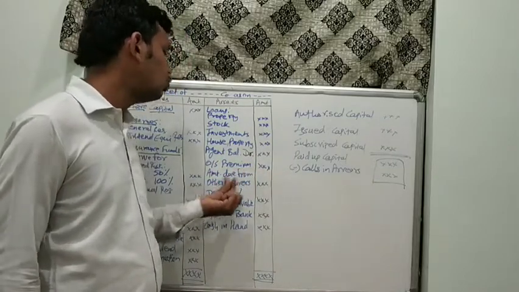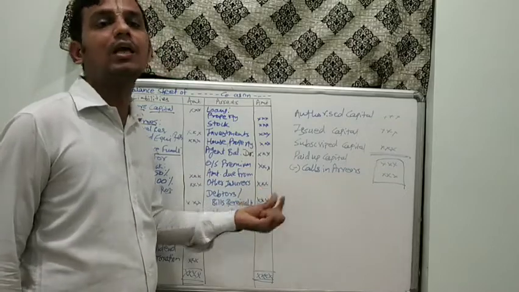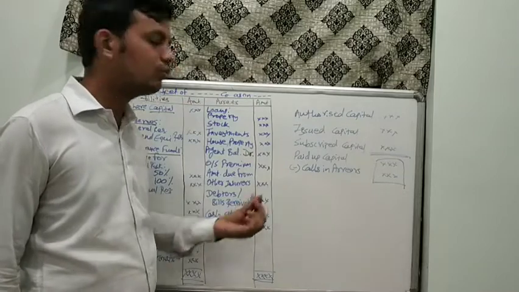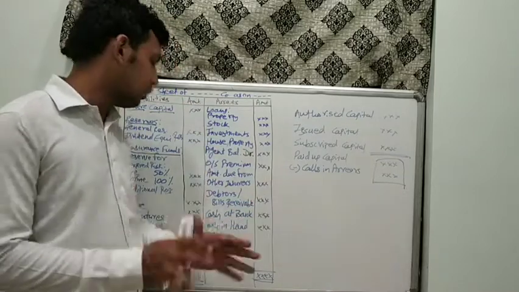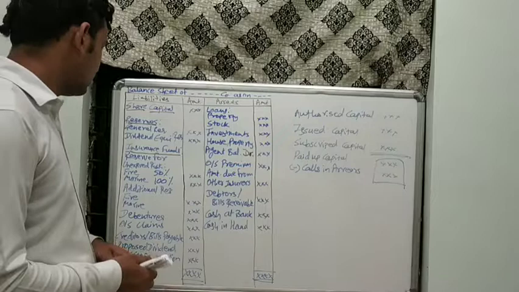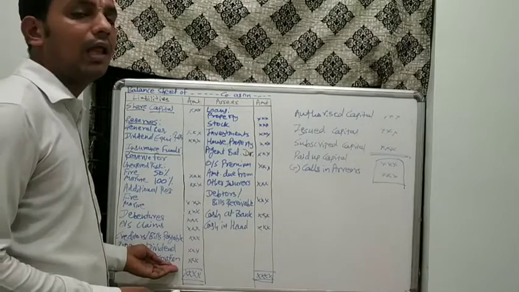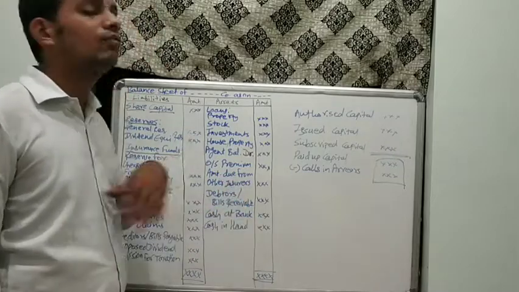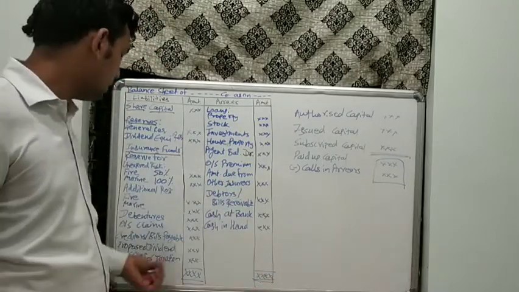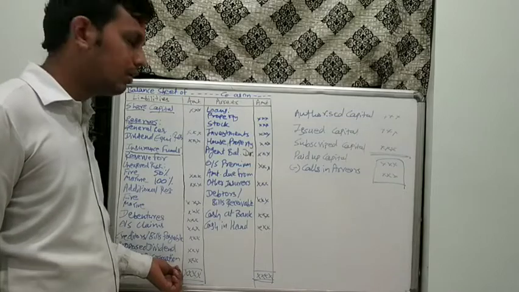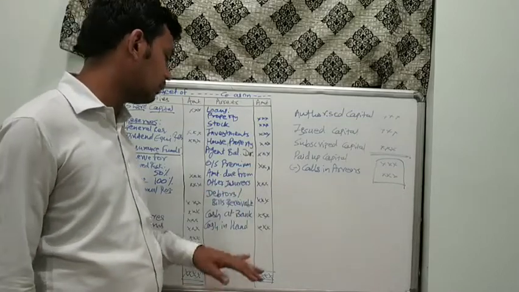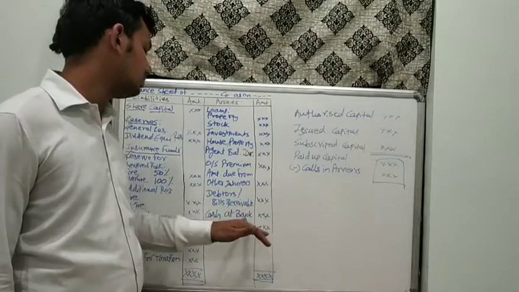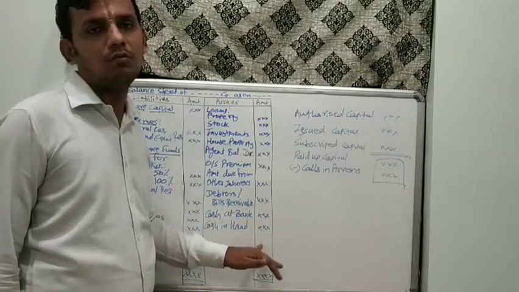Then amount due from other insurers: definitely we have to receive from someone, from other insurers we have to take that amount. That is why it forms part of assets. If it is not so, then we have to take it into the liability segment. If it has been written as amount due to other insurers, then it would be part of liabilities. From other insurers, it is part of assets. Then debtors and bills receivable form part of assets. Cash and bank balance form part of assets.